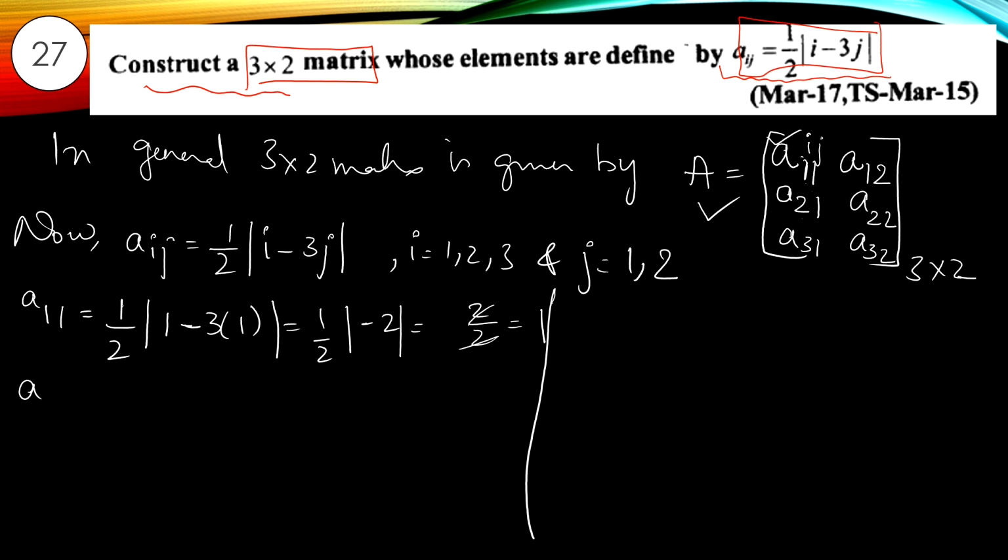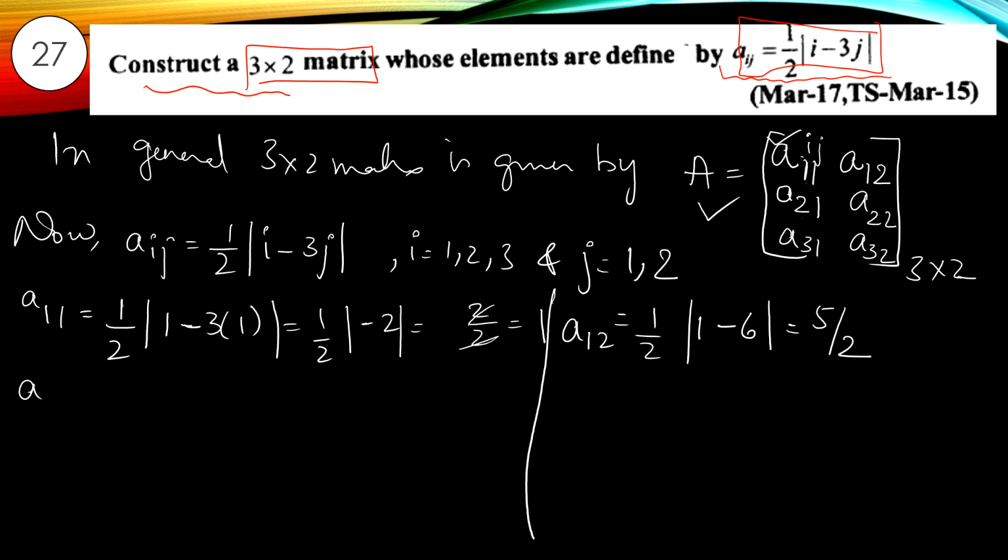Let's consider A12. A12 is equal to half modulus of i value 1 minus j value 2, so 2 3 is 6. Finally this is minus 5 by 2, but this is inside the modulus, so we have to write it as 5 by 2.